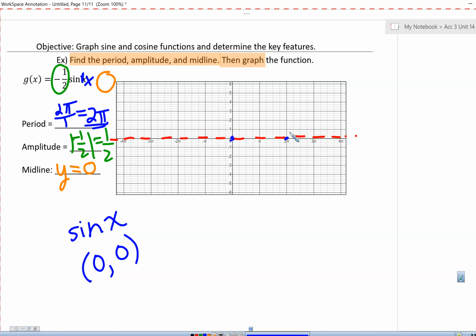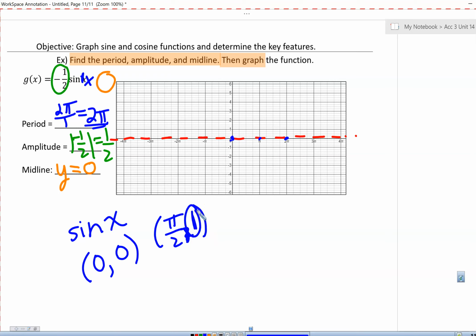Now what we have to understand about the sine function is that exactly halfway between these two midline points is another midline point. Then we have to realize that halfway between these first two midline points is a relative maximum. That's your pi halves, comma, 1.